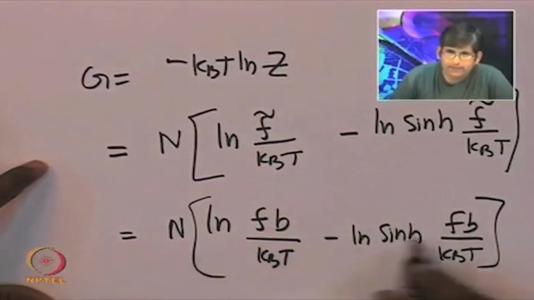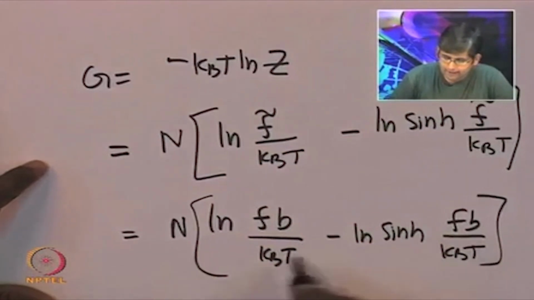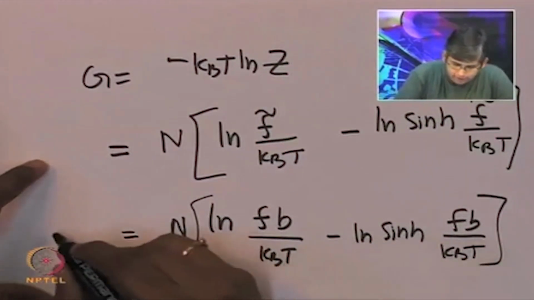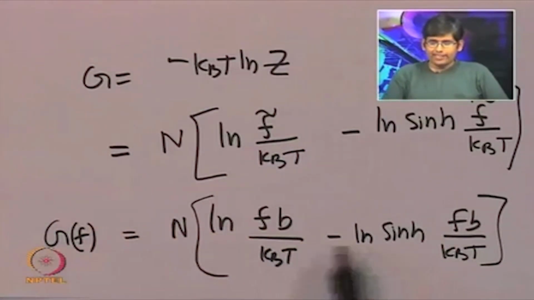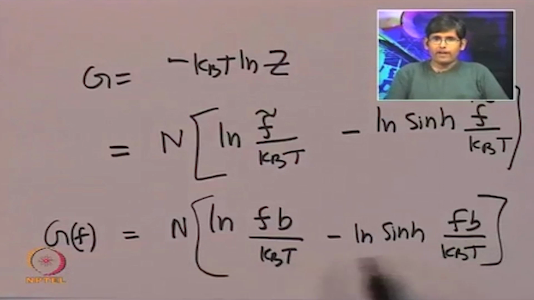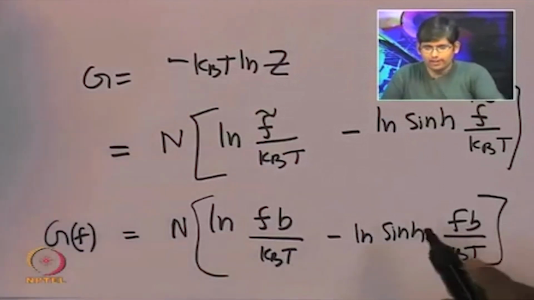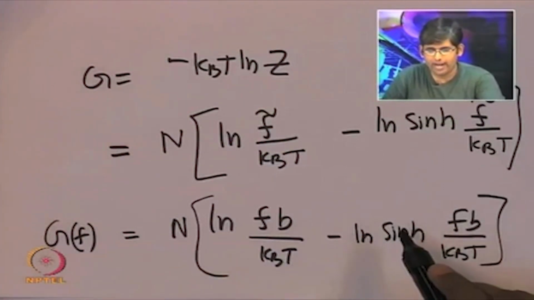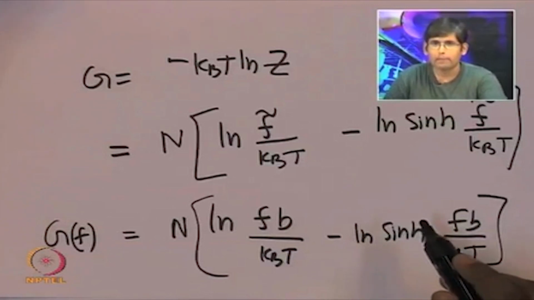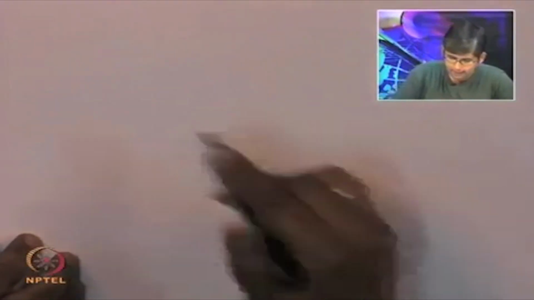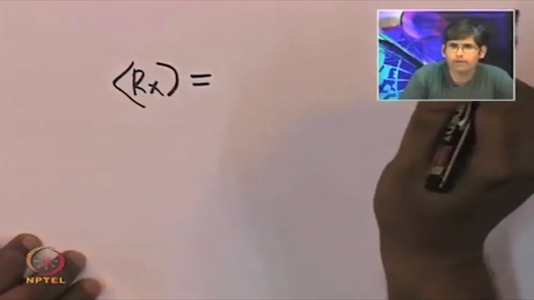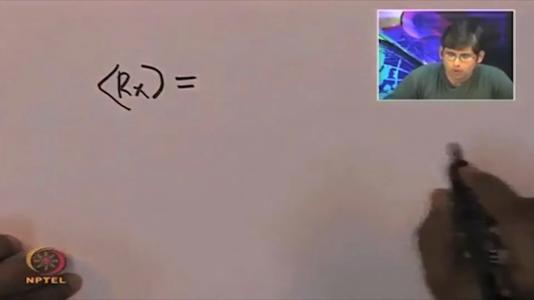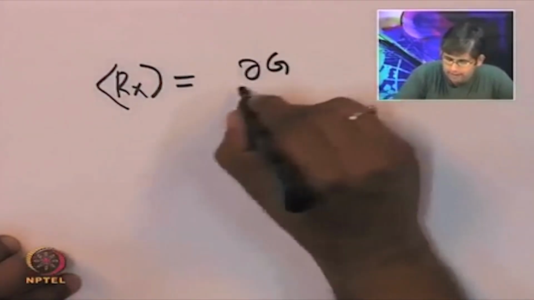So now from this, this is basically our G of f. So, now we have free energy as a function of f here. Now, what we need is the end to end distance average, R_x average, basically in the x direction. To get this R_x average, what we need is del G by del f.